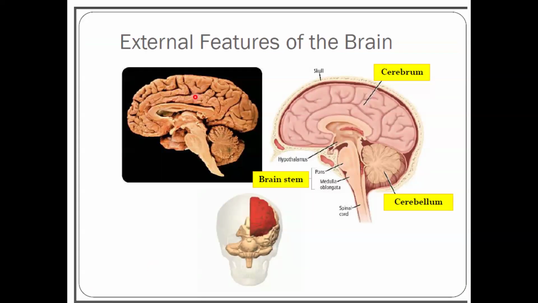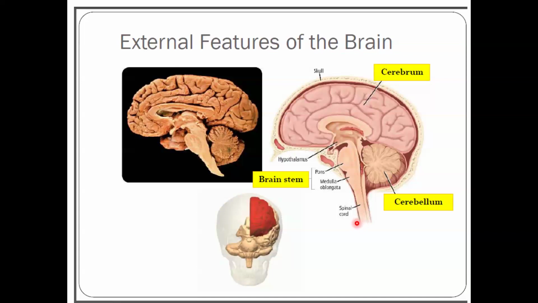Okay. Look at this diagram. We have here the cerebral hemisphere, and this diagram is essential also for the practical part. This is the cerebral hemisphere, this is the cerebellum, and this is the brain stem. If you follow the brain stem downward, you will find the spinal cord. Again, the second diagram here: you will find the cerebral hemisphere or cerebrum, cerebellum, brain stem, and if you follow the brain stem downward, you will find the spinal cord.